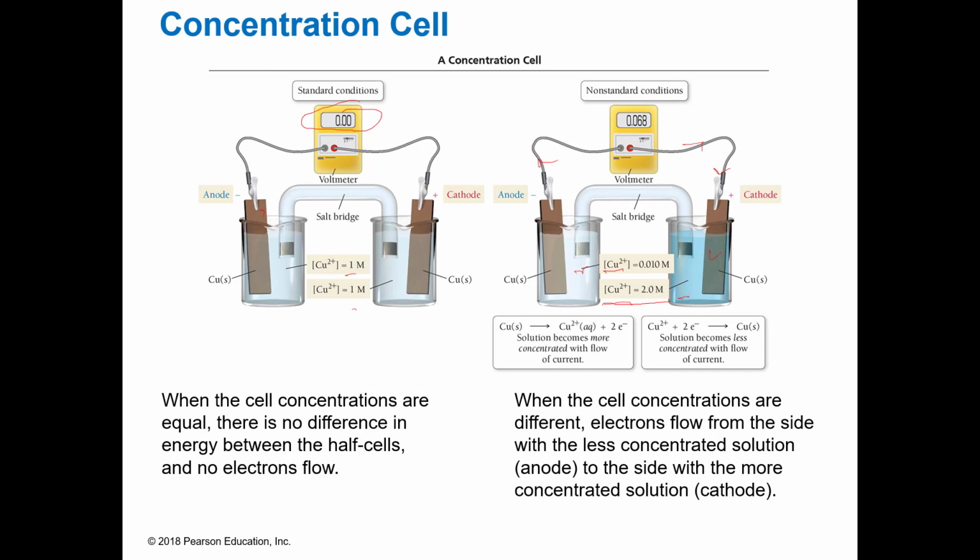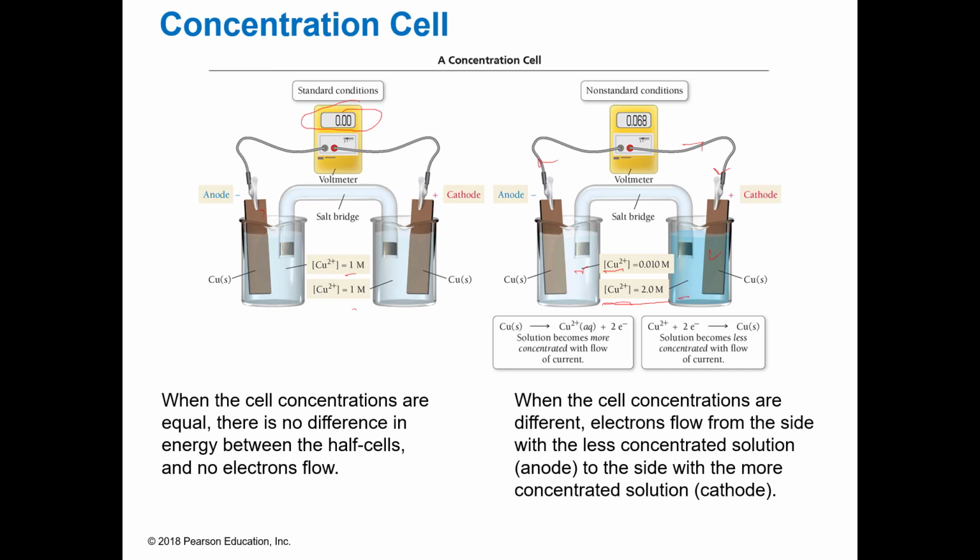So that's what the rest of this chapter is about, applications of what you've just learned. So you've gone through the type of problems, the mathematical problems used to calculate standard Gibbs free energy, standard cell potential, the relationship between number of electrons, Faraday's constant, and the cell potential and the Gibbs free energy.